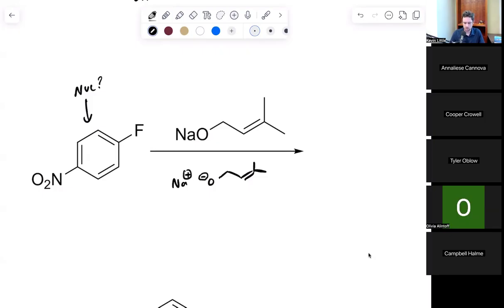So that makes me reevaluate. Benzene's already not a good nucleophile. It doesn't want to be a nucleophile. We have to really convince it to be a nucleophile by giving it a Lewis acid. That looks like a nucleophile. So then I have to reevaluate. Do I have anything? Could this possibly be an electrophile?